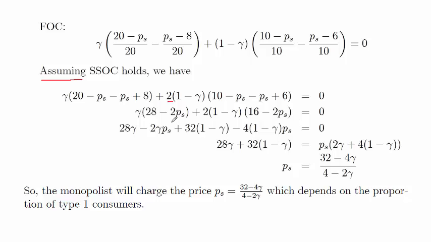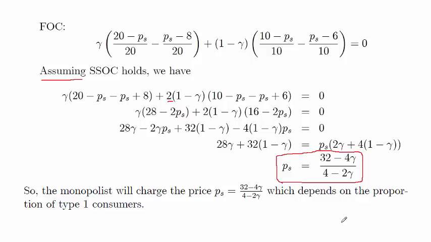I open the brackets, then group the similar terms. My objective here is to find PS, so I need to group the PS and then factor out PS. So I have all this expression that doesn't contain PS. And then my profit maximizing price is going to be this expression.